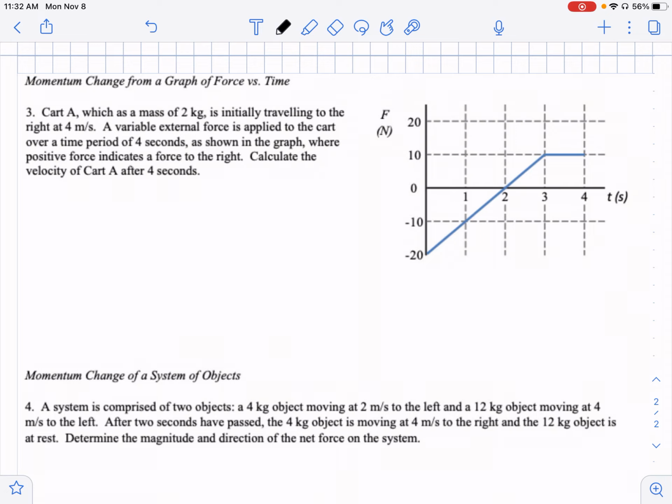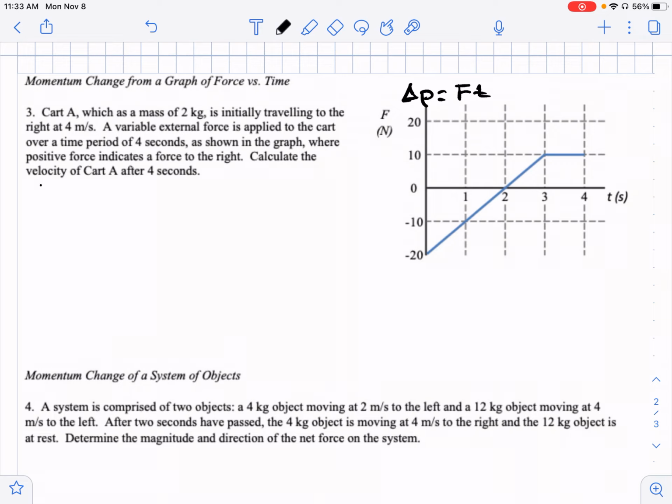Okay, so remember, from a force time graph, we can find the area underneath the curve, and then we can solve for the impulse, which is the change in momentum. So we know that impulse is equal to change in momentum. So on our graph here, when we find the area under the curve, we're finding our impulse or my change in momentum.